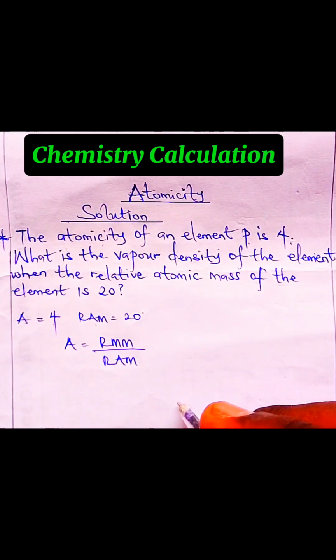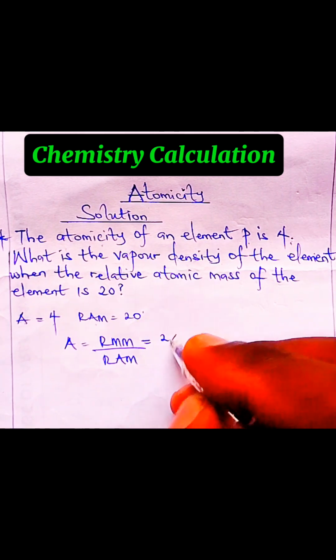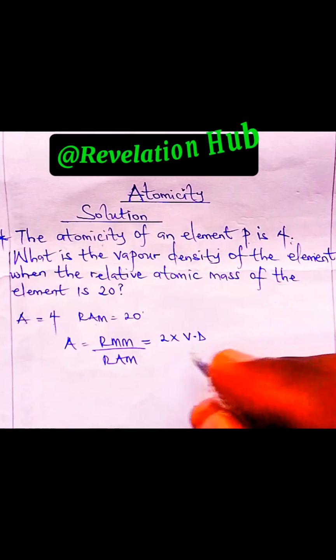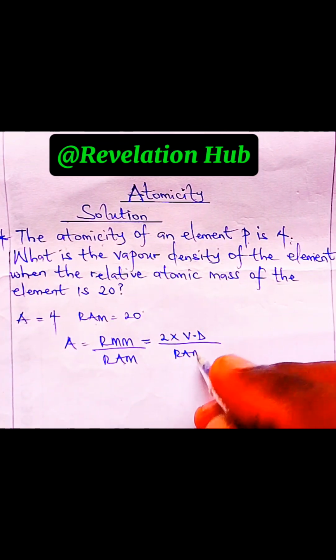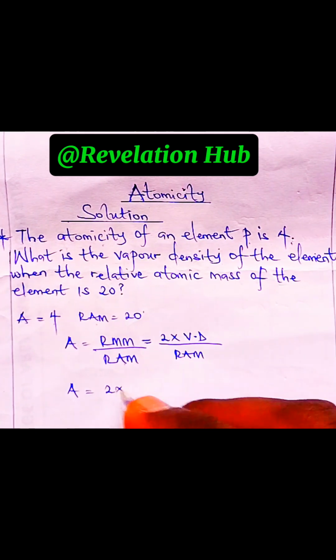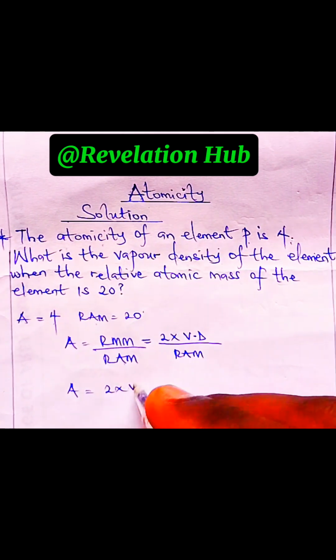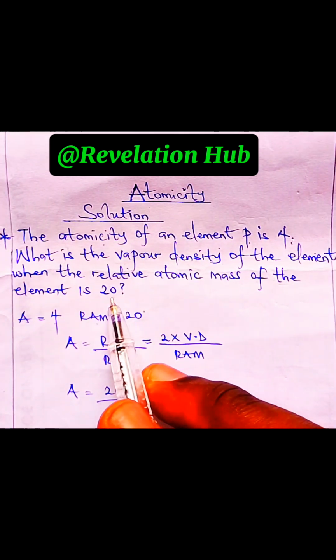That's the formula for atomicity. Relative molecular mass is the same thing as 2 times vapor density. We discussed all this in the previous exposition. So atomicity is simply 2 times vapor density, which is what they asked us to look for, Vd, over relative atomic mass, which is 20.